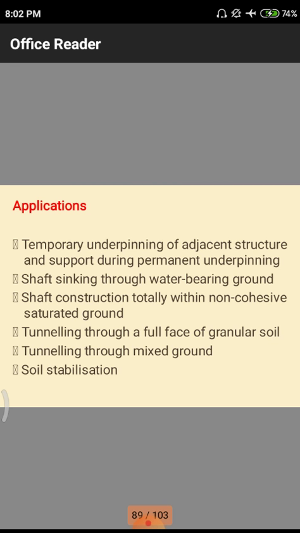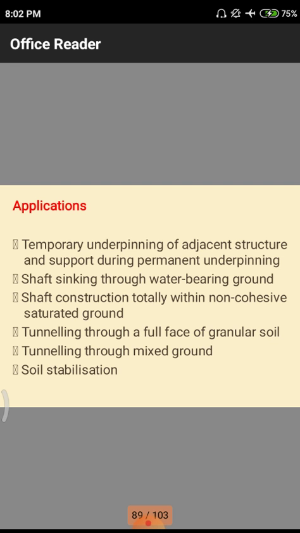In those cases, we have to go for this temporary underpinning. Second one is shaft sinking through water bearing ground. Next one, shaft construction totally within non-cohesive saturated ground.